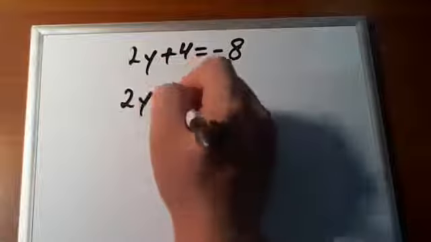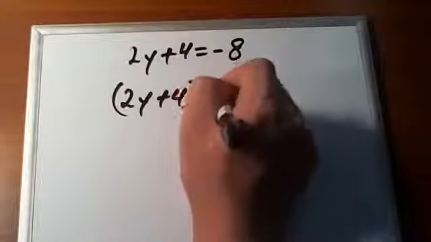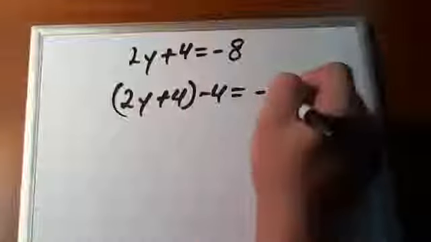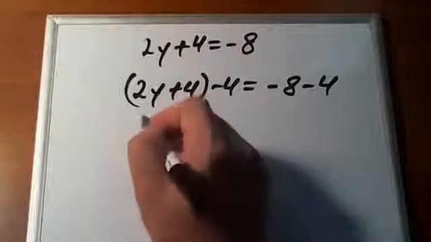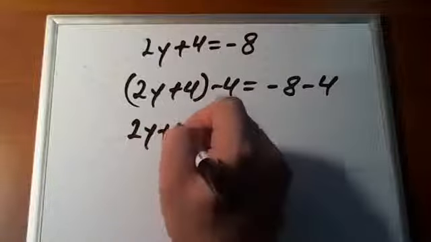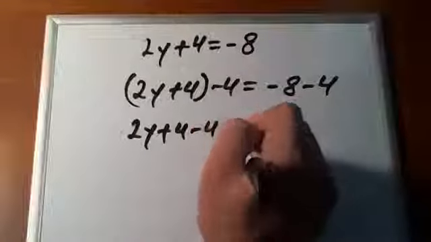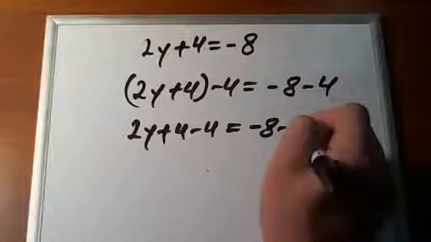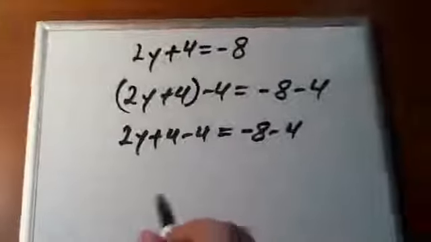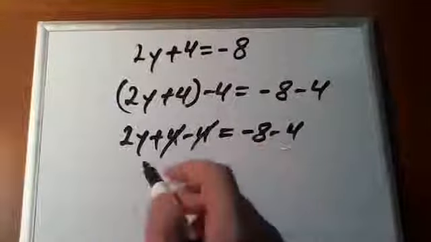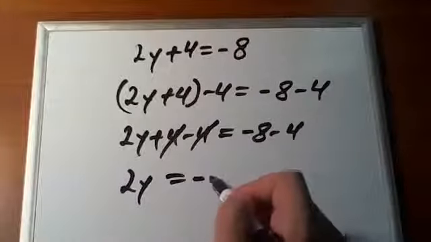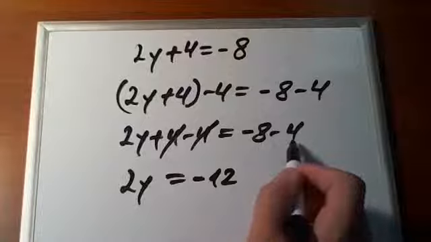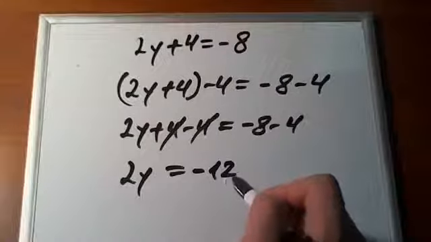So we'll have 2y plus 4 minus 4 is equal to minus 8 minus 4. This 4 and this minus 4 go away. We have 2y is equal to minus 12. Minus 8 and minus 4 results in minus 12.